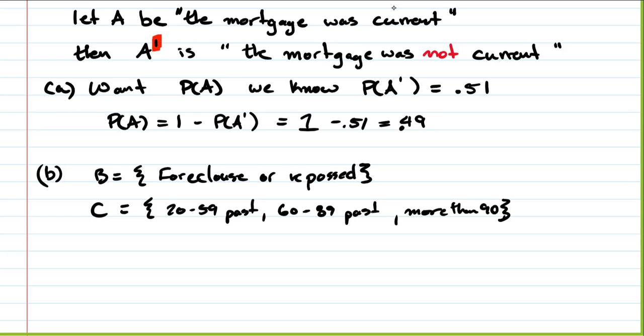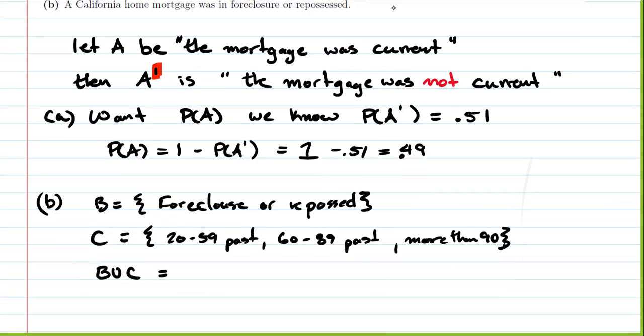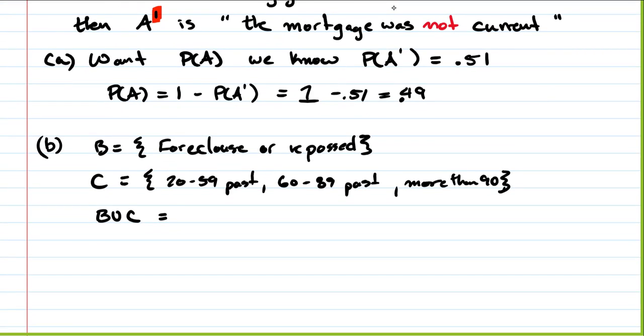So then what would we know about B union C? What would that have to equal? Well, that's everything but what? But A, right? It's everything that's not current. So B union C is everything that is not current.